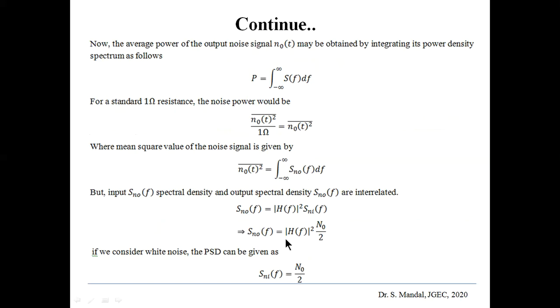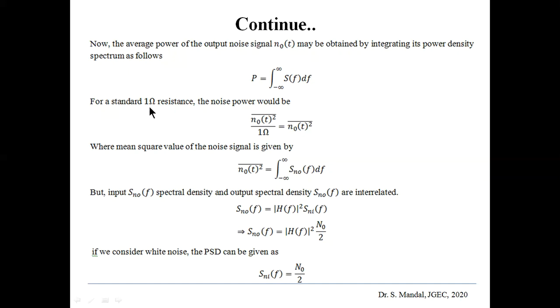Now the average power of the output noise signal is obtained by integrating its power density spectrum, and it can be given by the following equation: power of the noise equals the integration from minus infinity to infinity of S(f) df, where S(f) is the power spectral density.